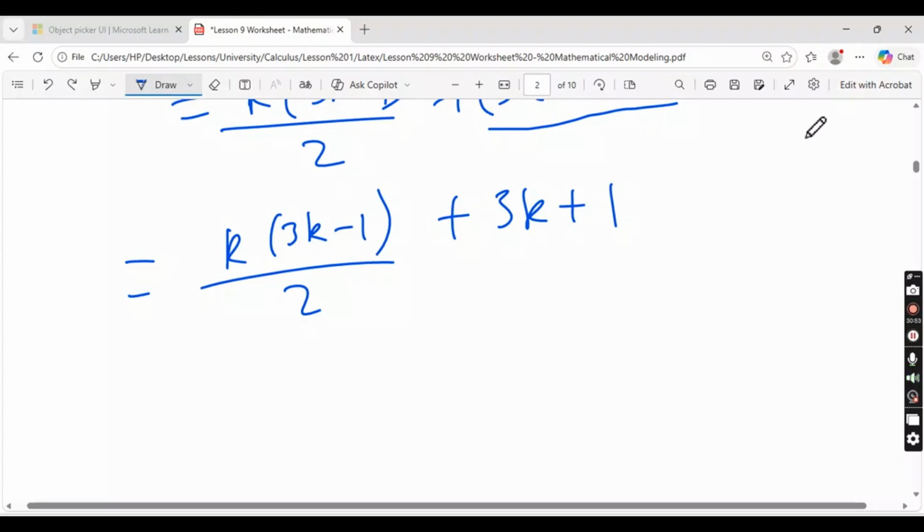Okay, and then if you simplify, what do we get? 3k squared minus k plus 2 times k plus 1, all over 2. 3k squared plus 5k plus 1.